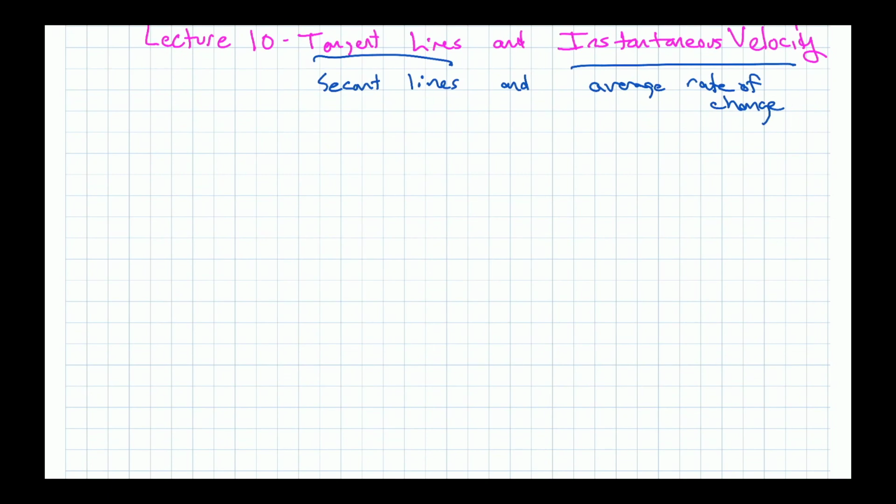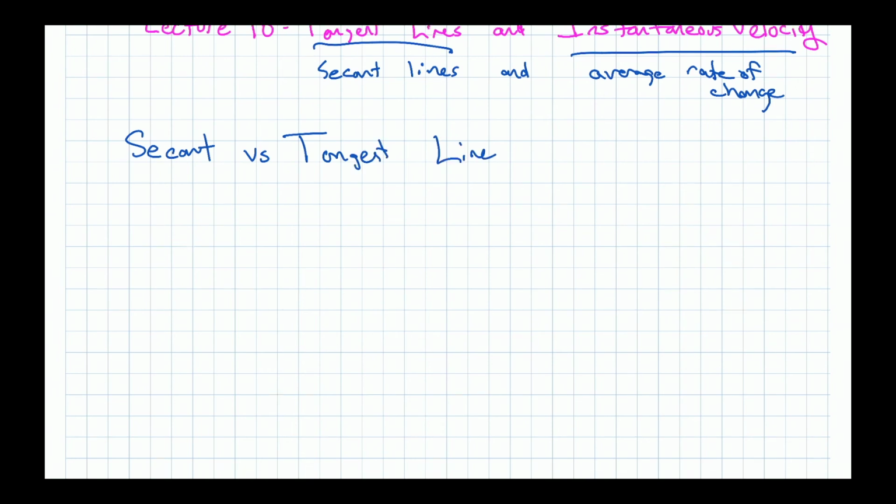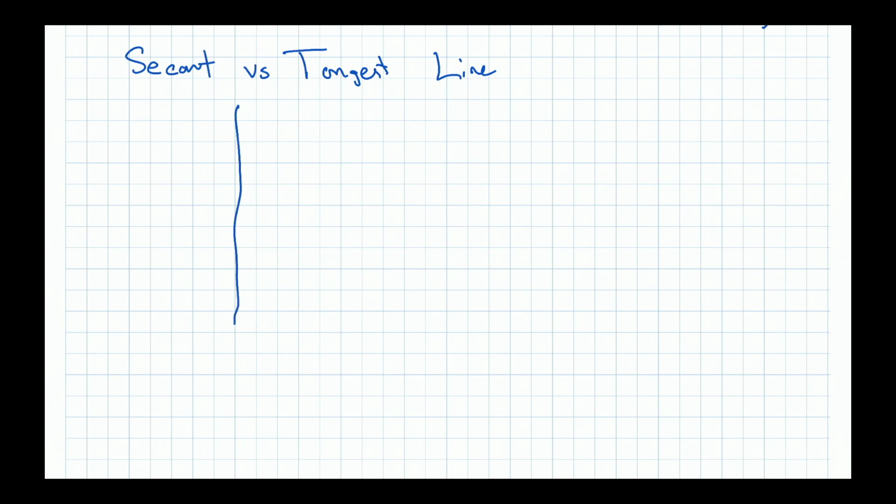So let's just draw some pictures of what a secant line and a tangent line are, and then we'll give some definitions. Secant versus tangent line. Okay, so we need to draw a function. I'm going to draw the picture here.